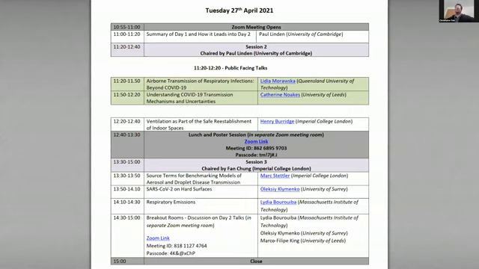Henry Burridge, who is the lead of the ventilation group within Task 7, gave a very informative talk on ventilation in indoor spaces.